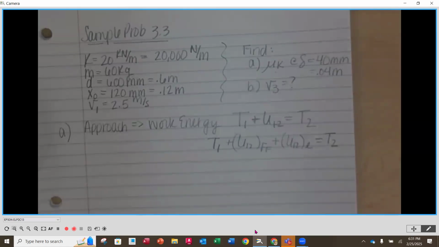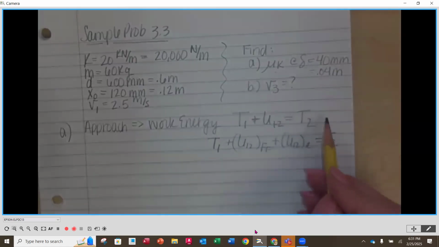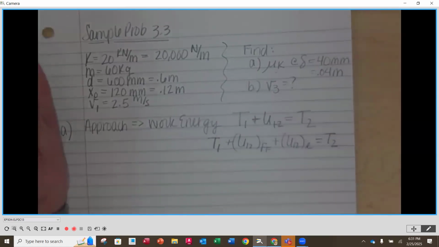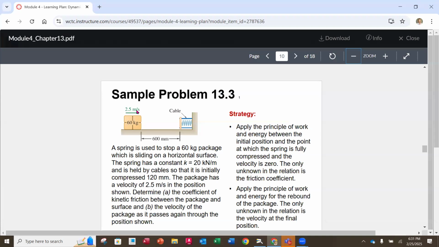As we look from position 1 to position 2, if we look back at our illustration, position 1 is on the left-hand side where the package is in the position we see here. Position 2 is when it stops and is done compressing 40 millimeters in from where it's at on that spring.